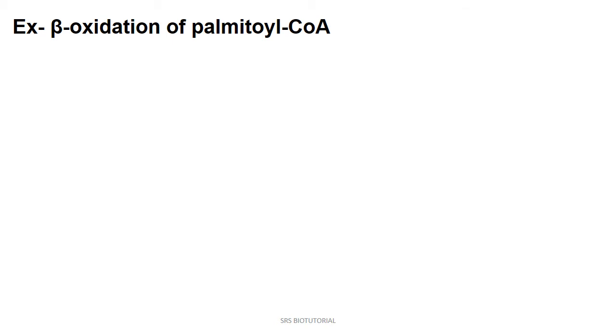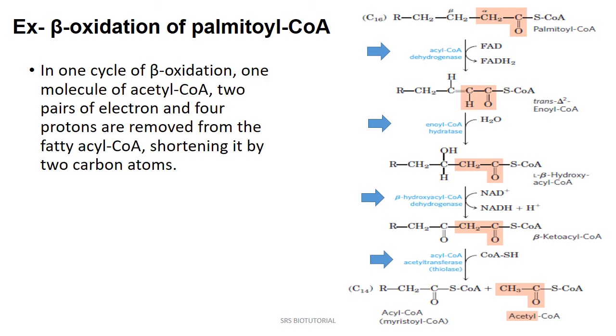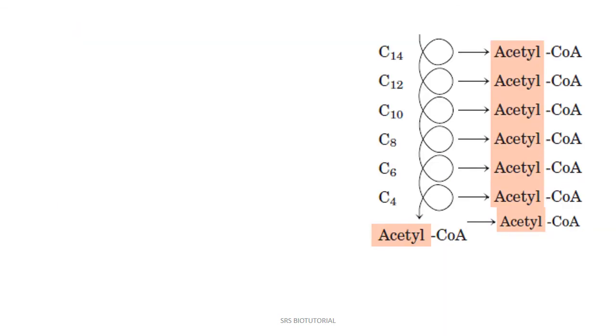Let's take an example of beta oxidation of palmitoyl coenzyme A. The palmitoyl coenzyme A undergoes 4 enzymatic reactions of beta oxidation to produce myristoyl coenzyme A and acetyl coenzyme A. In one cycle of beta oxidation, one molecule of acetyl coenzyme A, two pairs of electrons, and 4 protons are removed from the fatty acyl coenzyme A. Hence, the equation for one cycle is as follows.